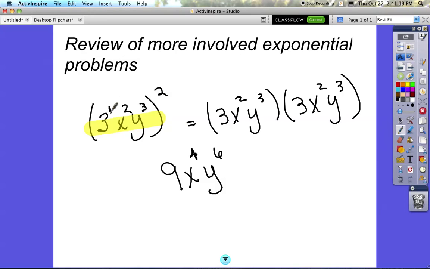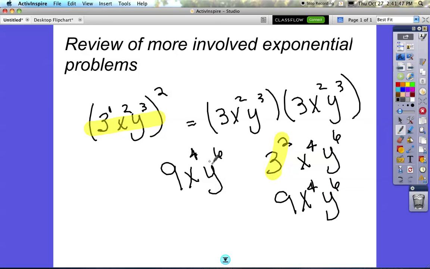There's an assumed 1 right here by that 3. 3 to the first power squared is 3 squared. X to the second squared is x to the fourth. Y cubed squared is y to the 6th. So all we have to do is clean this up and do 3 squared, which is 9. And I have the same answer as I did using the other method.